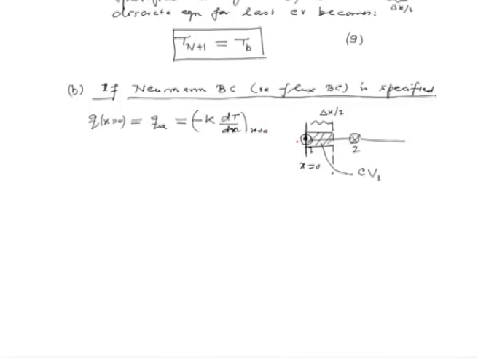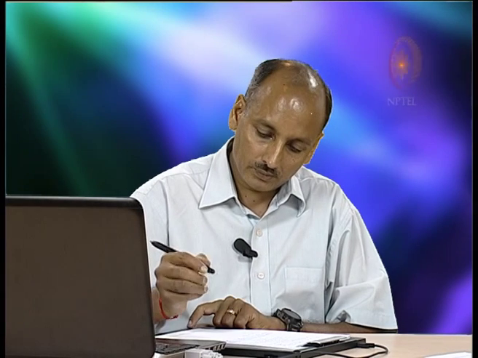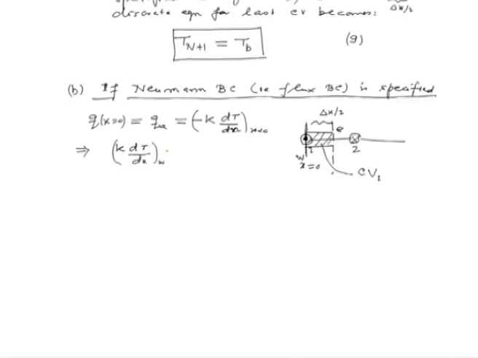If we take care of the directions, so this becomes k times dT by dx for the west face. Thus, our boundary now coincides with the west face of the CV. So, this is given as q a.